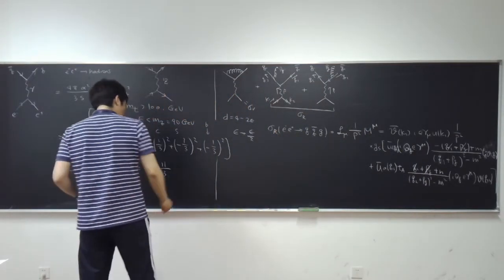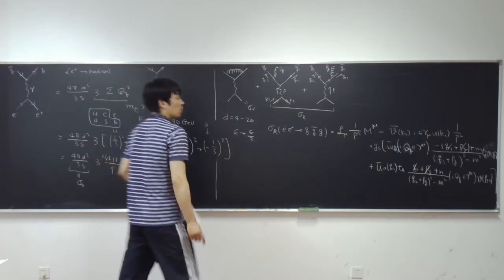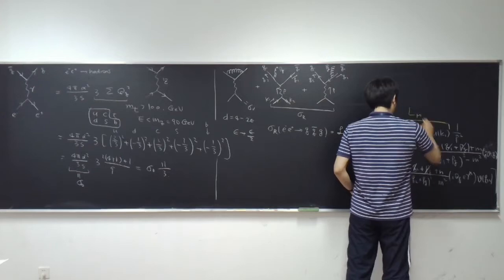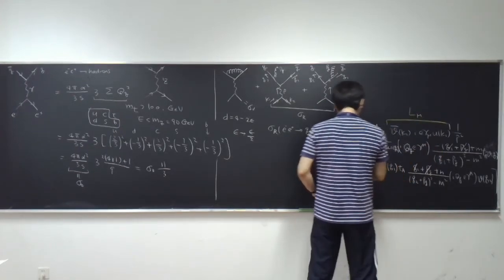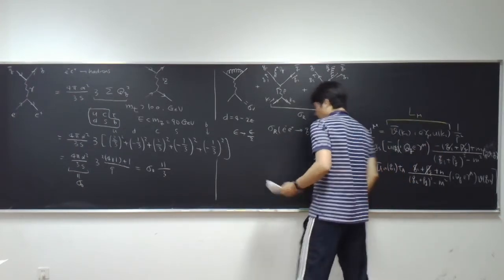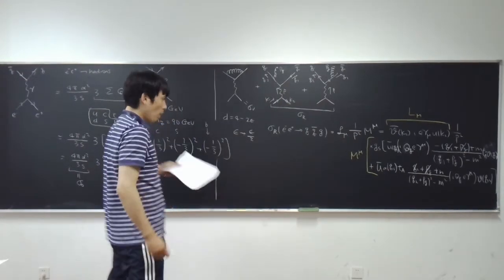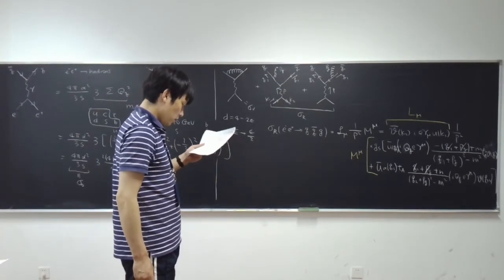And of course, I call this one L. So this one is the L mu nu part, and then this part is the M mu nu part.